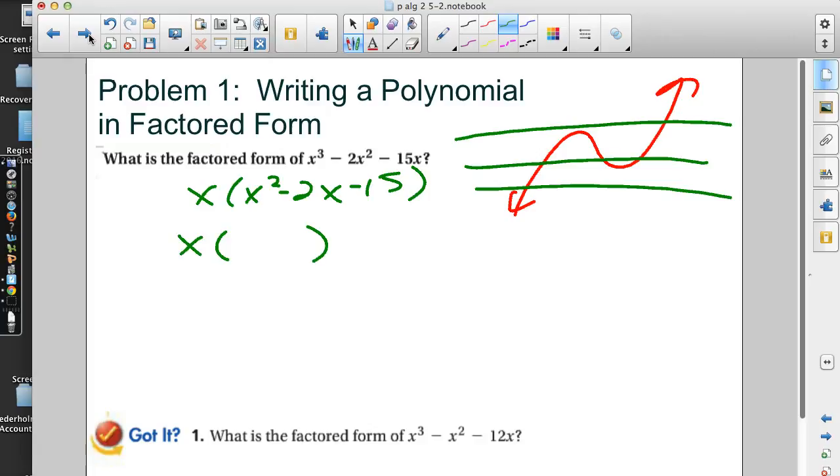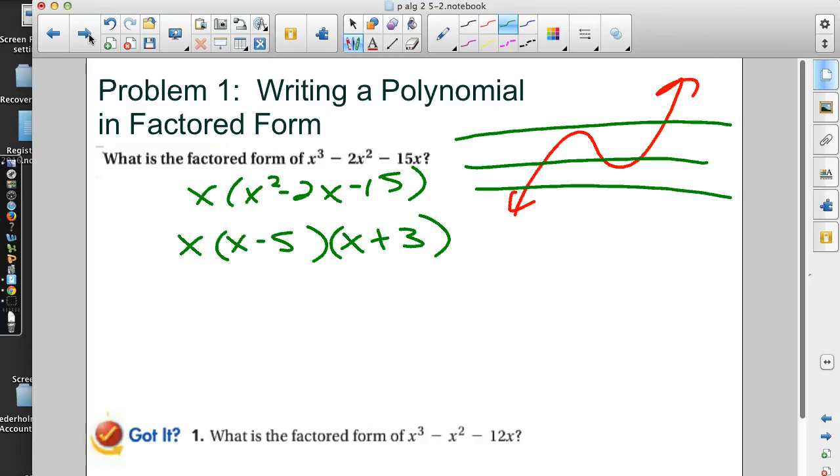But that doesn't mean that I can't just good old-fashioned factor this thing. So I need two numbers that multiply to negative 15 and add to negative 2. What's going to do that? There it is.